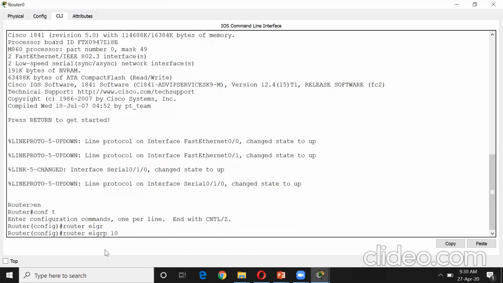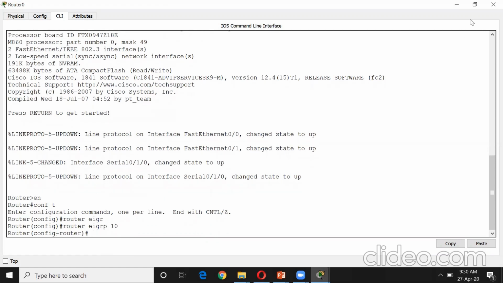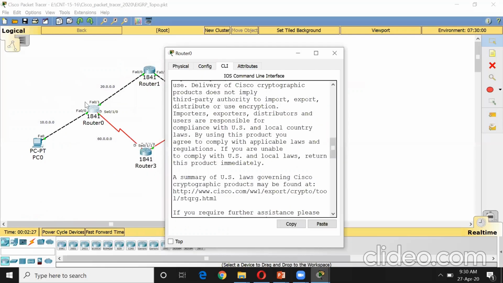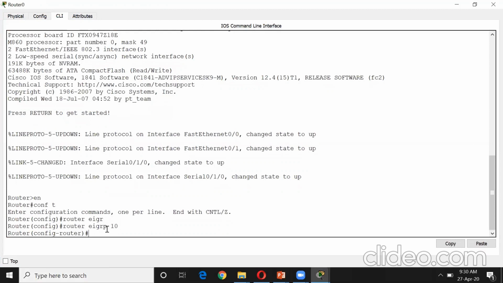So after doing this, what you have to do, you have to now add the networks. As I have used here classful network, so there is now see 10, 20 and 60. So if the classful network is used, then there is no need to give wildcard mask while adding network.